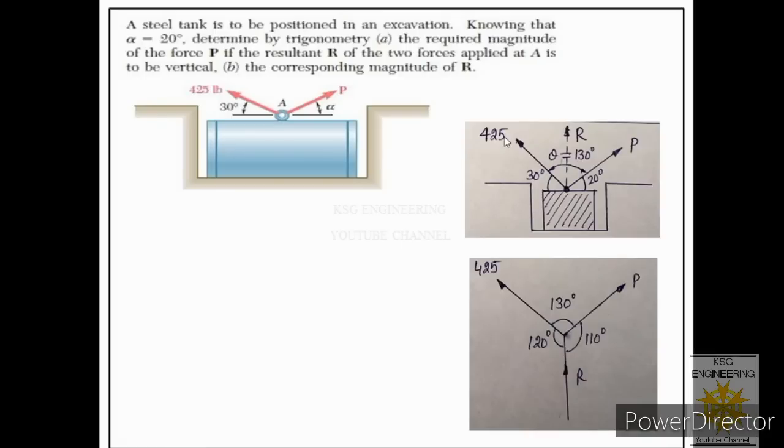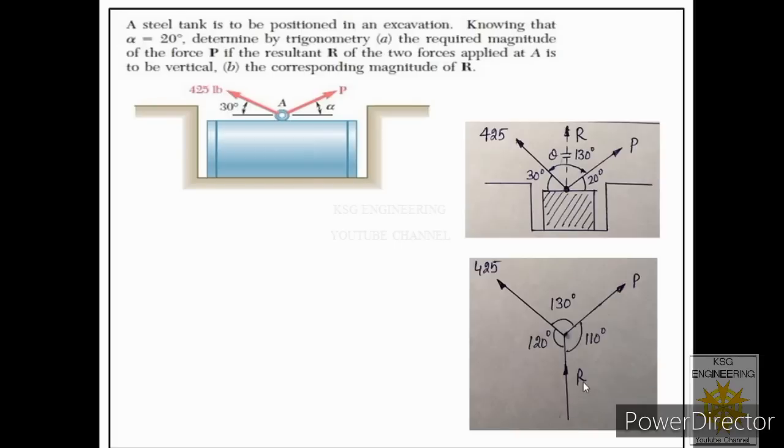You see we have kept these two forces as they are, P and 425. Then the resultant is shown on the other side, but its line of action is maintained, meaning we are applying the law of transmissibility. Fine, you see the resultant is shown here.